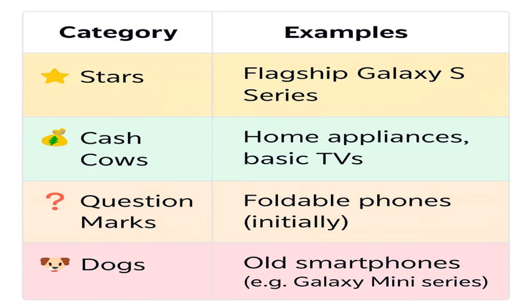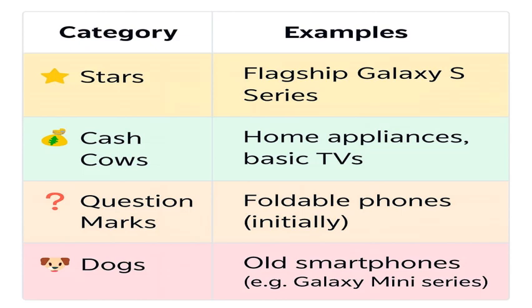The Samsung Galaxy Mini series was a line of compact and budget-friendly Android phones. So these are very cheap phones. These are not very expensive phones, and the Samsung Galaxy Mini released in 2014 was the last in the Mini lineup.